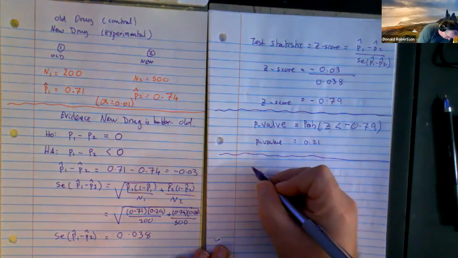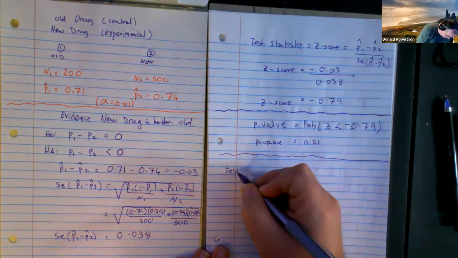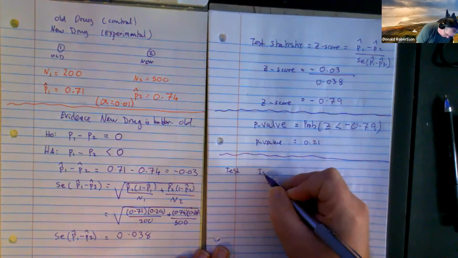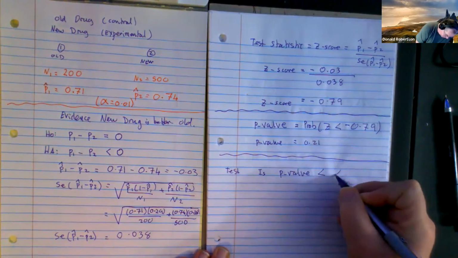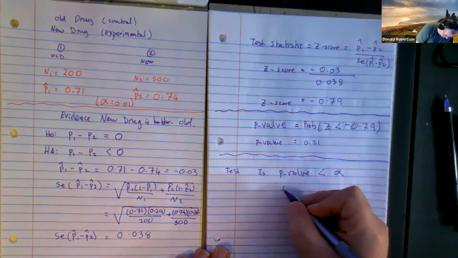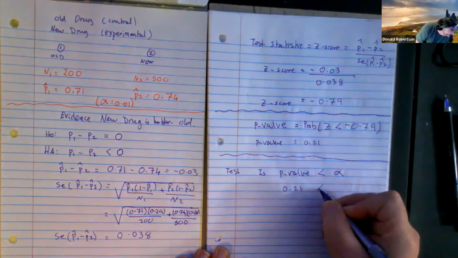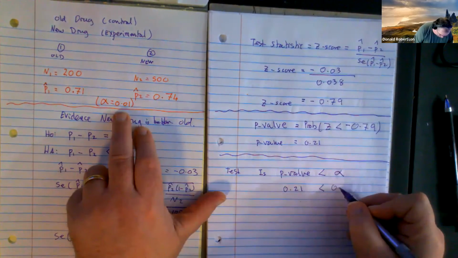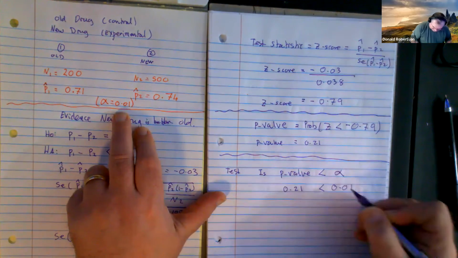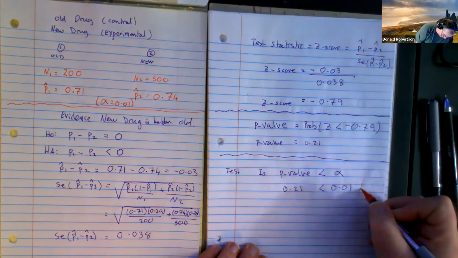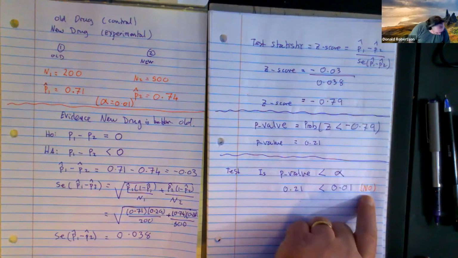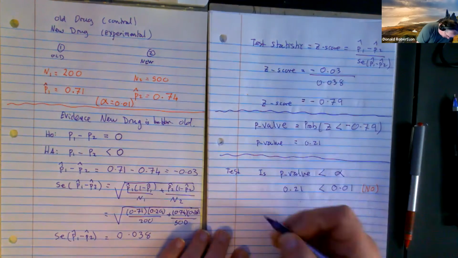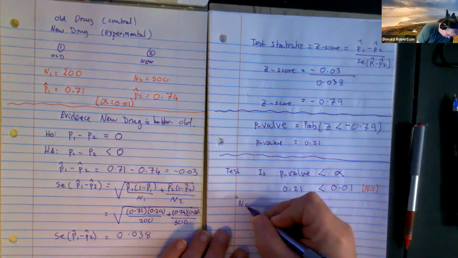Now we do our test. Our test will be, is the p-value that we just found less than the significance level alpha? In this case, is that guy less than 0.01? The answer to that is no, it's not. When the answer is no, you will say, this is your conclusion.